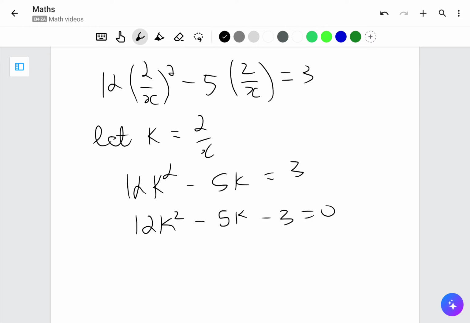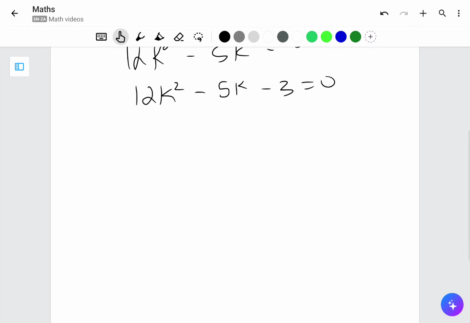Okay, and again we can see we sit with a trinomial, right? So a quadratic trinomial. So what we do is we open up our two brackets to factorize, right? And in this case we're gonna go with 4k and we're going to go with 3k. That's going to give us our 12k squared.